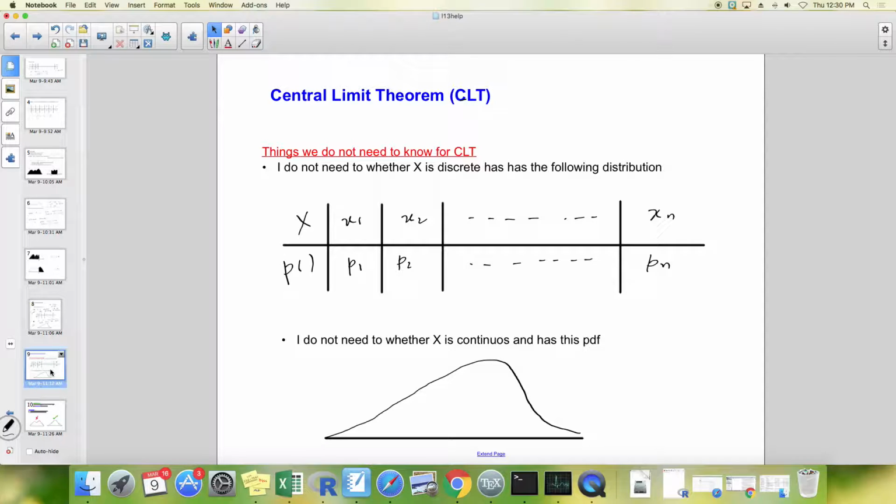Now we come to our topic for 6.5, central limit theorem. In short, it's called CLT. The things that we don't need to know for CLT. So I don't need to know whether x is discrete and has this table, or whether x is continuous and has this PDF.